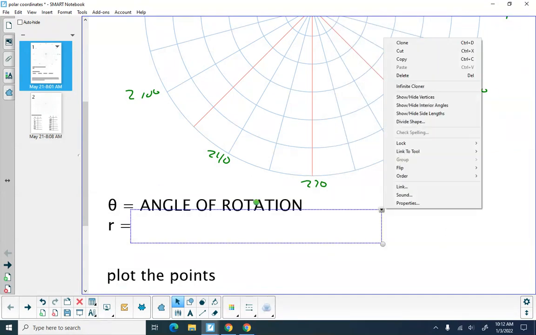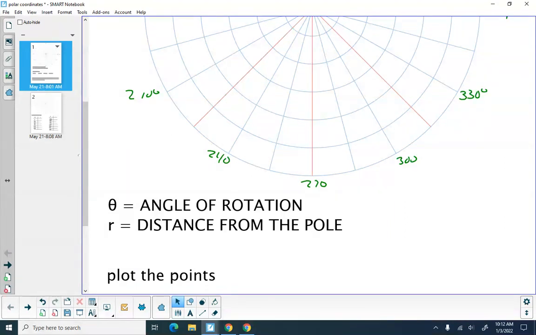Your theta is your angle of rotation, and your R value is your distance away from the pole.